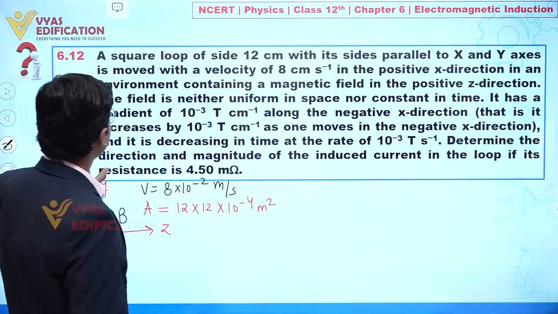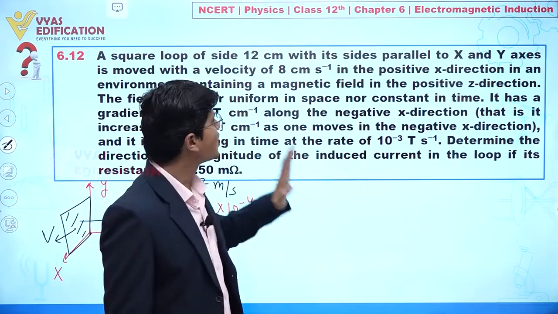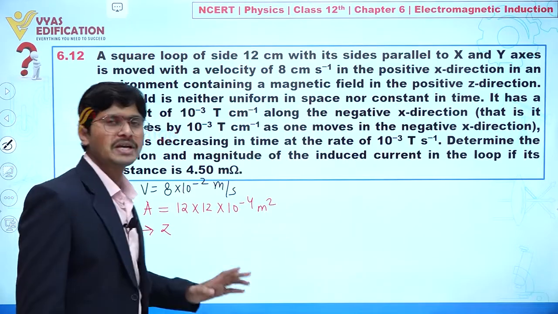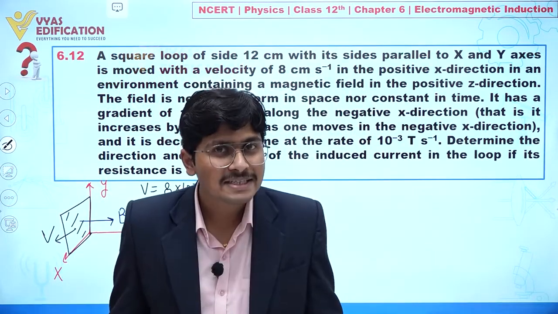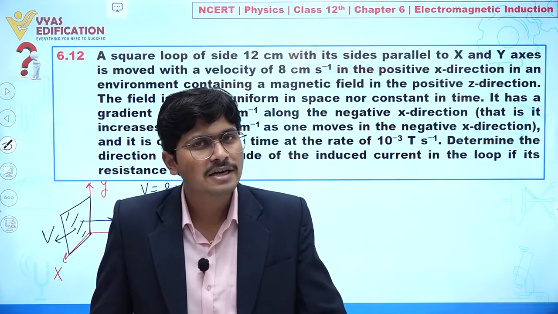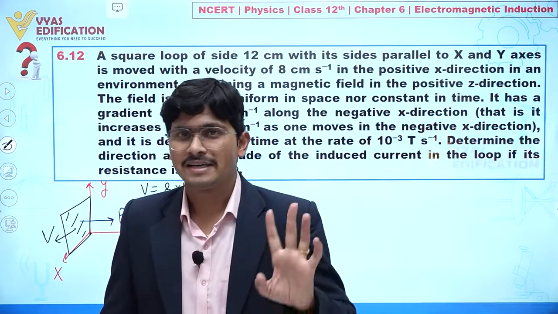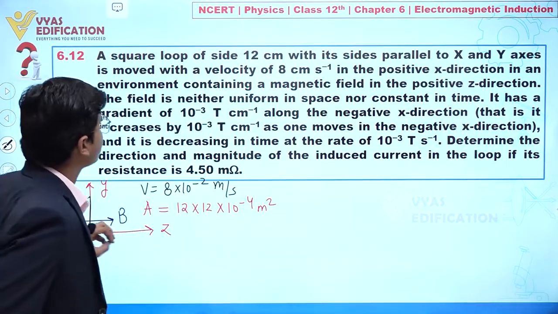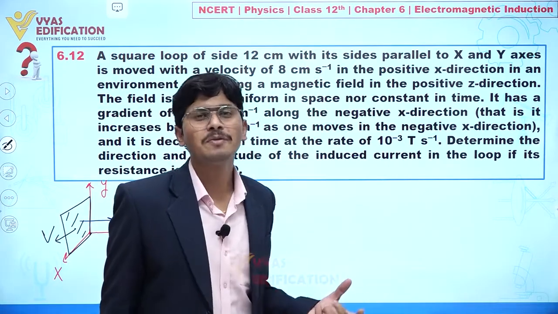And it is also given the field is neither uniform in space nor constant in time. It means the value of the magnetic field is changing with respect to x as well as with respect to t. It means this magnetic field is a non-uniform magnetic field.